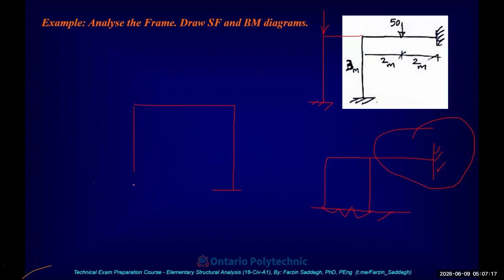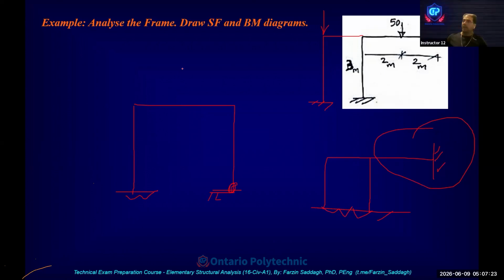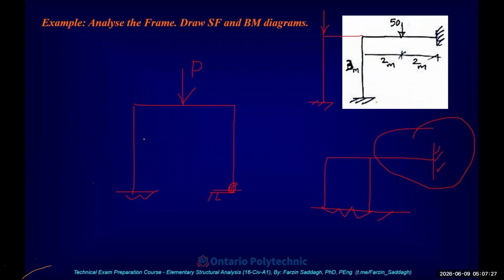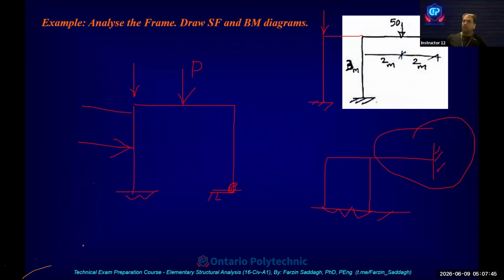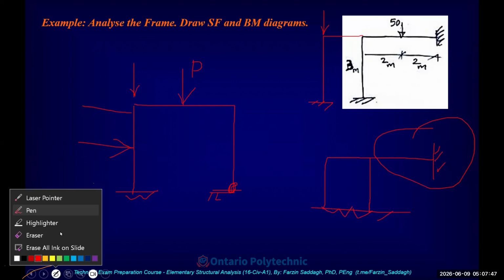Exactly. For example, one of them is fixed and one of them is hinged, and we have one concentrated load on the beam and one concentrated horizontal load on the first column, at the middle of the column. In this case, we have sway.